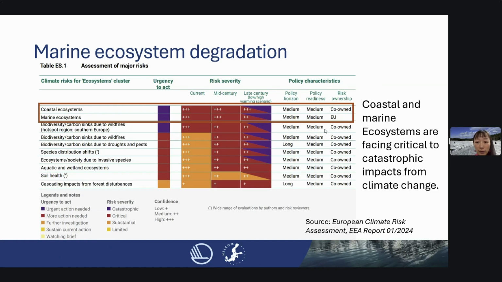The recent EEA report on European climate risk assessment has shown that both coastal and marine ecosystems are facing critical to catastrophic impacts from climate change.